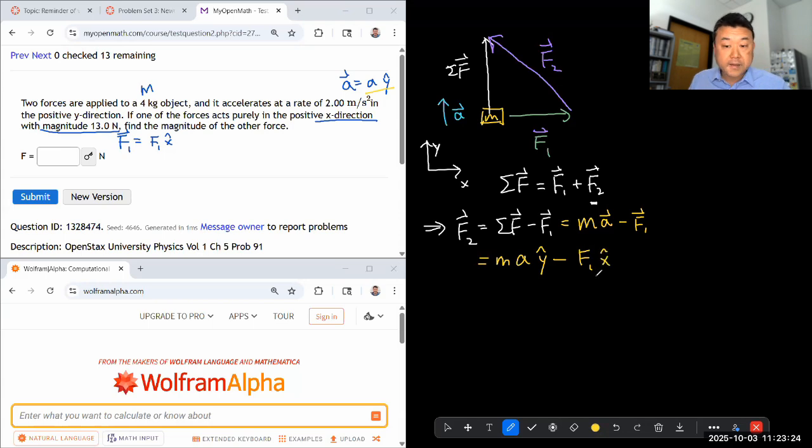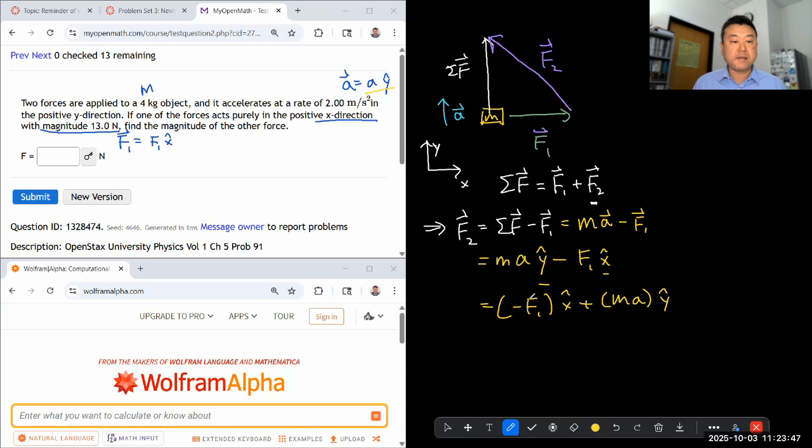The vectors I add are only in the x and y directions. So let me put this into standard form. F2, its x component should be minus F1 x hat, plus its y component should be ma y hat.